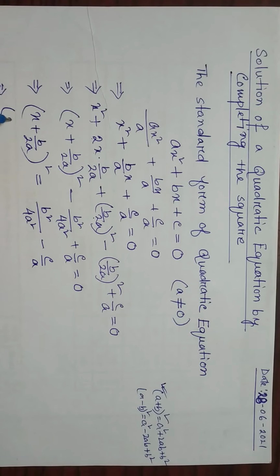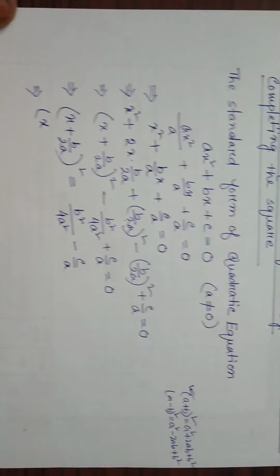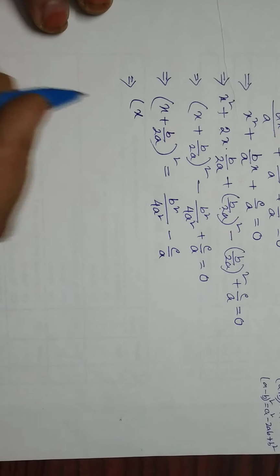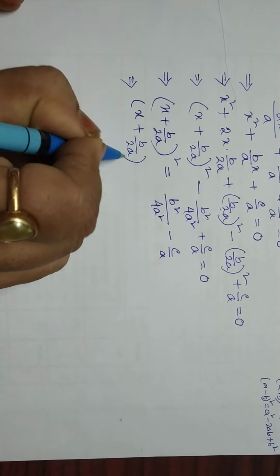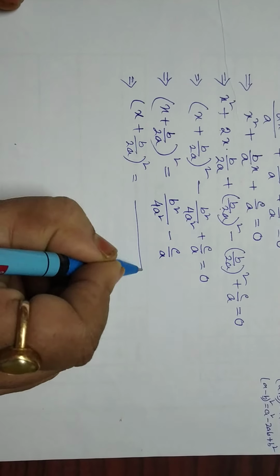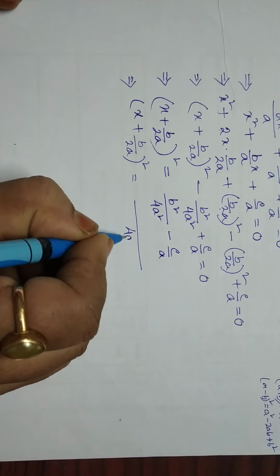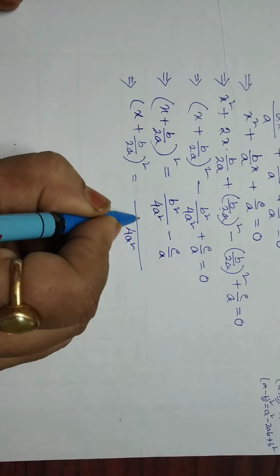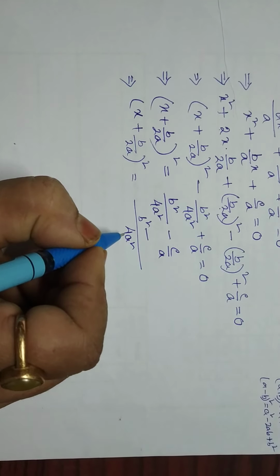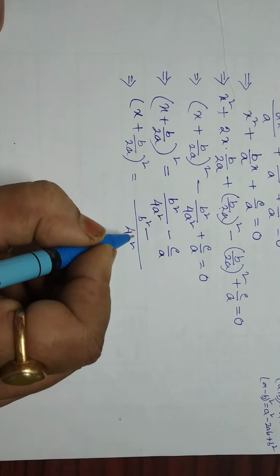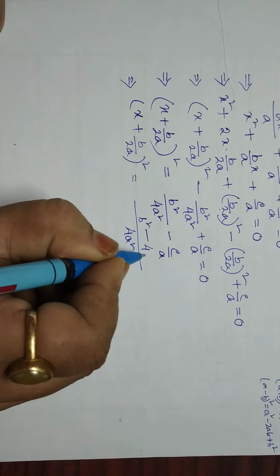Now x plus b by twice a whole square, and if we simplify, then the LCM will be 4a square, and b square minus, if we divide 4a square by a, then 4a is left, then 4a into c means 4ac.